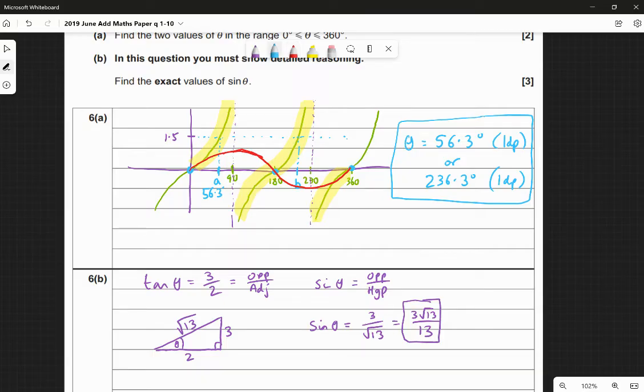If my angle is A, so if A is the angle 56.3, my value of sine theta will be positive. And I've just proven that that value there is 3 root 13 over 13.